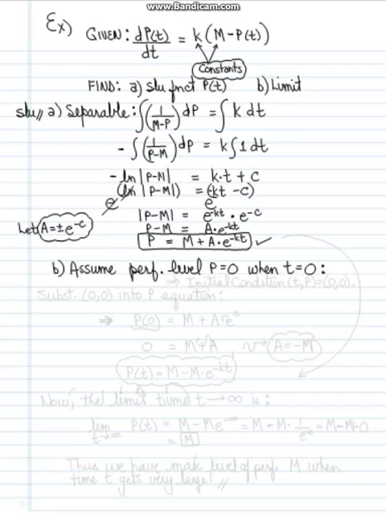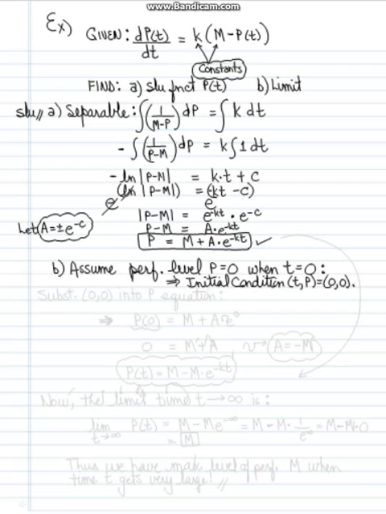And that actually gives us an initial condition, which is the ordered pair. Instead of x, y, we'll say t, P, because P is a function of time, is (0, 0).